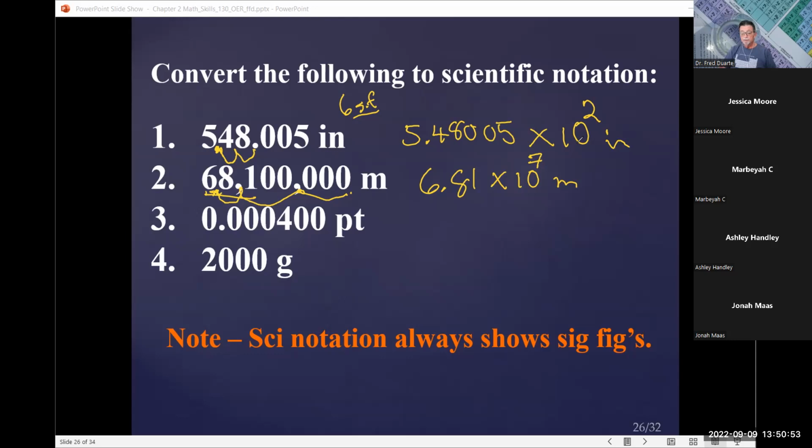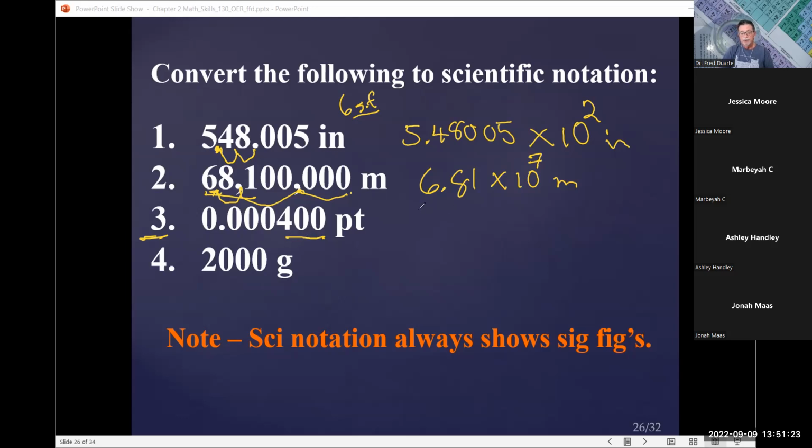Both 1 and 2 have positive exponents because, again, these numbers are greater than 1. Unlike number 3, which is a number less than 1. Okay, that tells you that my exponent would be a negative number. Okay, identify the sig figs. Obviously, the 4 zeros up front are leading zeros and do not count as sig figs. Okay, so we have 4 0 0.